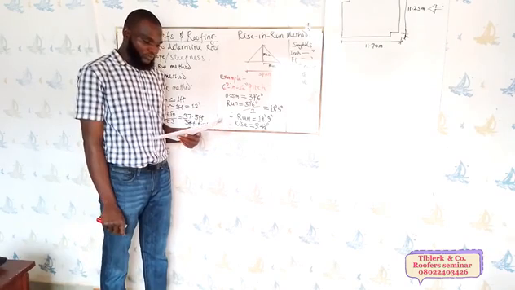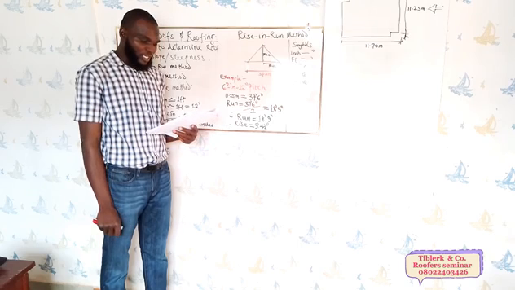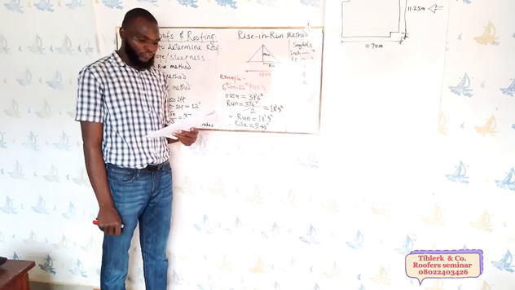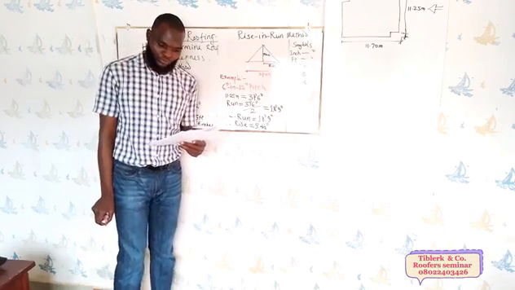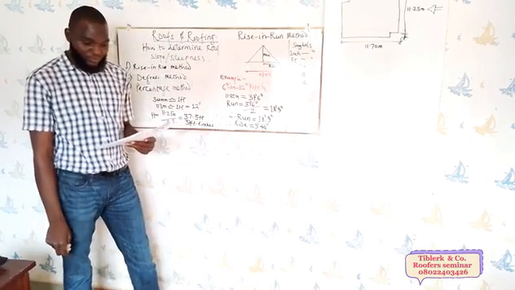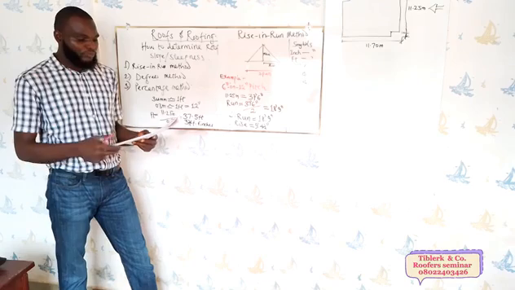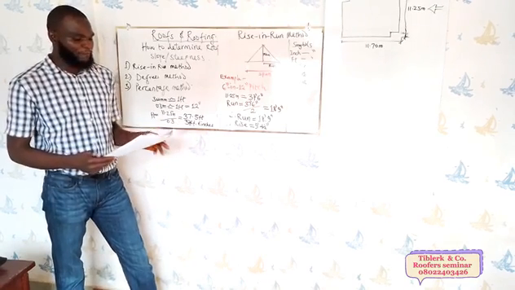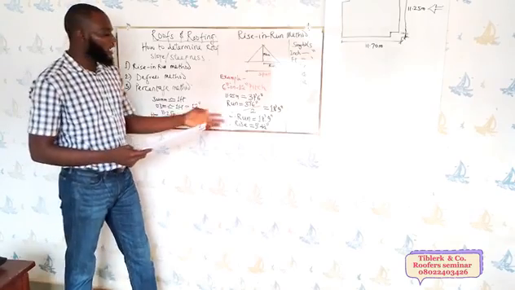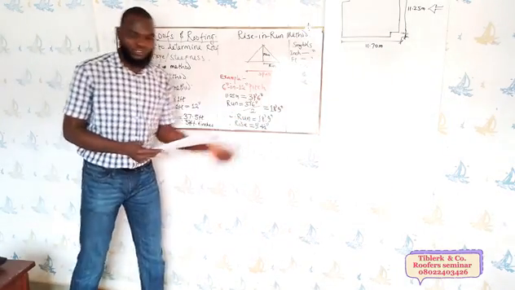We have 6.5 inches in 12, a 6.5 slope. This is the first method that you can use.